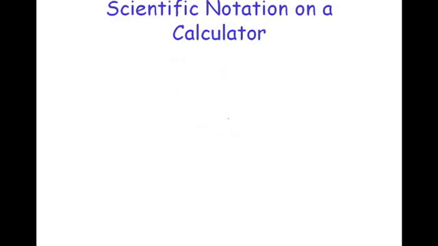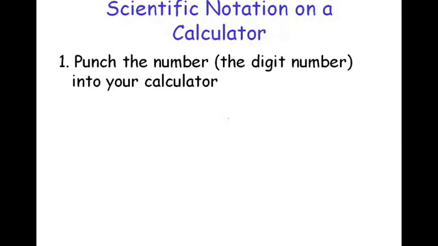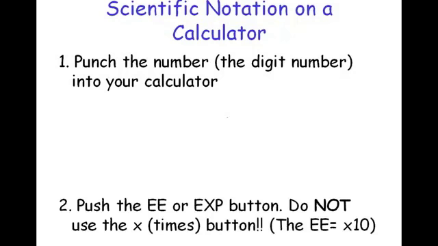Okay, now your scientific calculator can actually be programmed to use scientific notation, okay, in calculating really, really large numbers or really, really small numbers, okay? There's a couple things that you have to do, and I will show you how to do this in class, but let's just use it as a review. So you punch in your base number into your calculator.